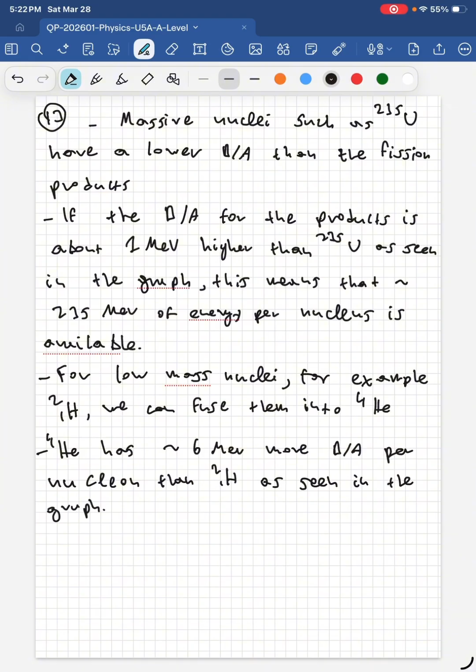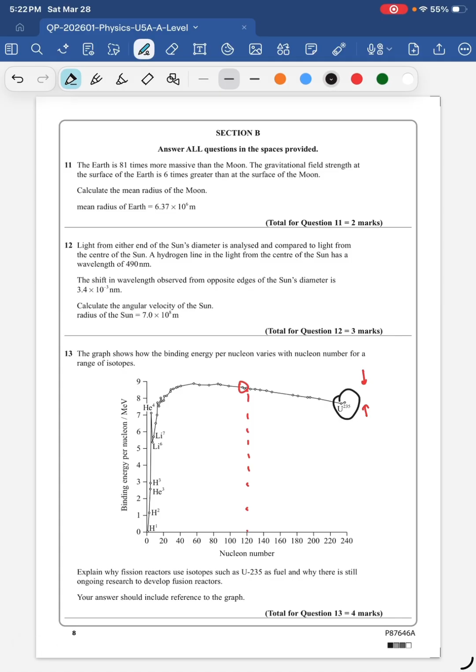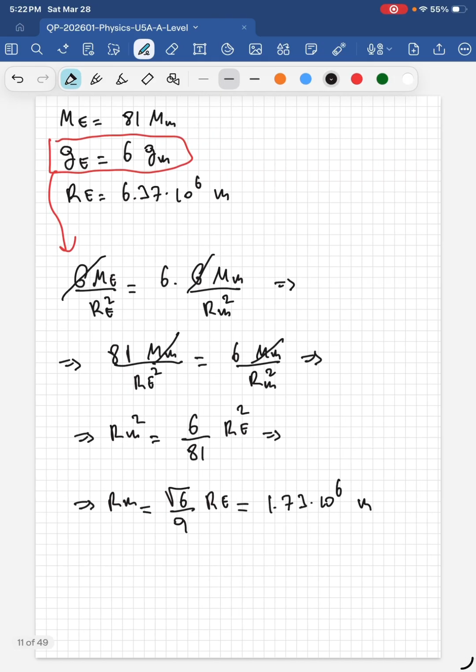And I can go to the graph and show you. Deuterium is over here. It has a binding energy per nucleon of about 1 MeV, whereas helium-4 is up here. It has about 7 MeV per nucleon. So there is a 6 MeV per nucleon gap if this reaction happens.